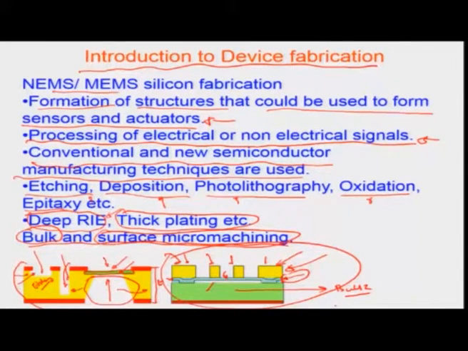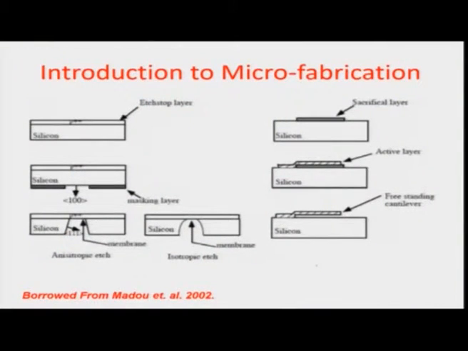And now we will start looking into some of these processes in a little more detail. Let us talk about this particular process here, which is borrowed from a very famous microfabrication textbook. It talks about using an etch stop layer and a certain masking process which would lead to the removal of this mask. The mask is the literal meaning of the English word mask, meaning it shields.